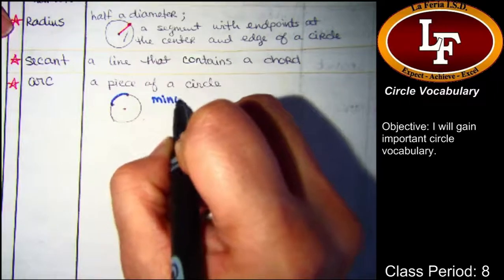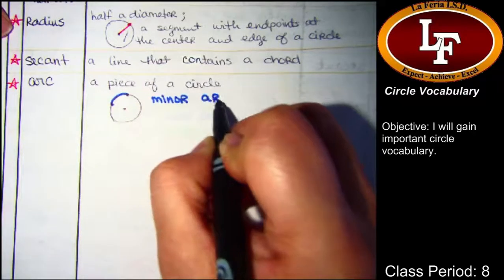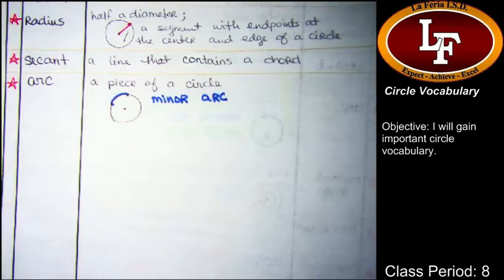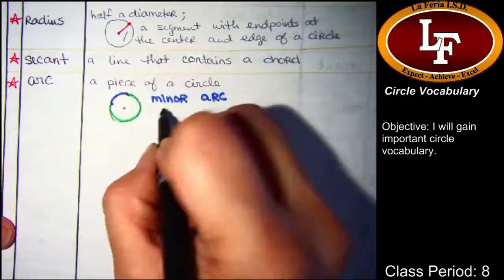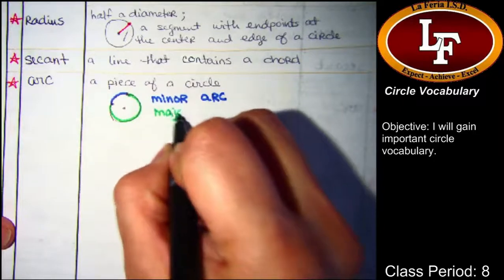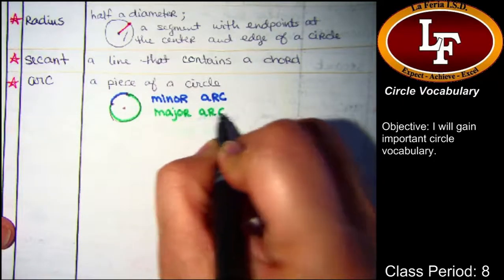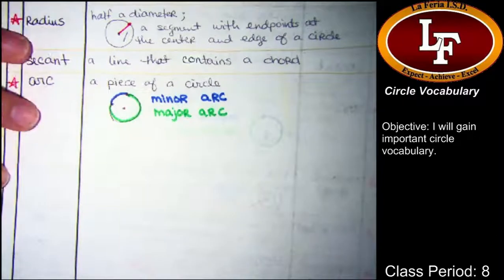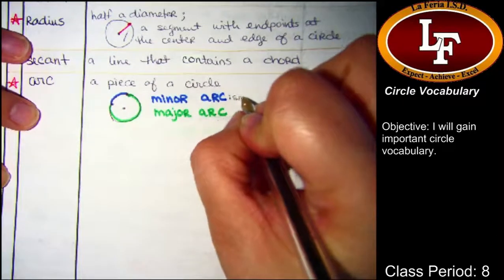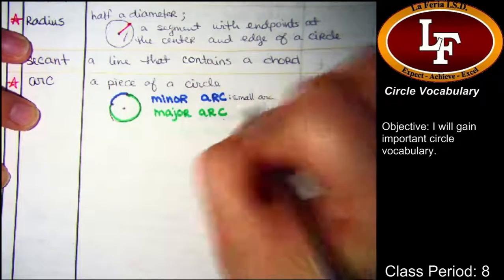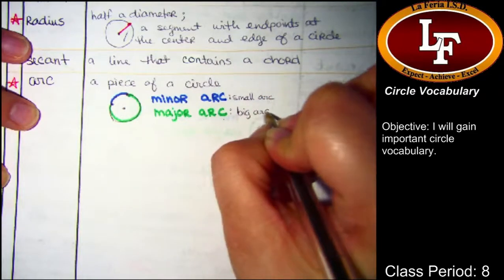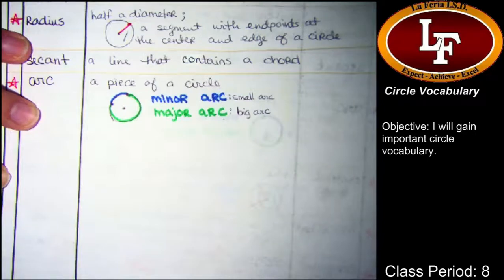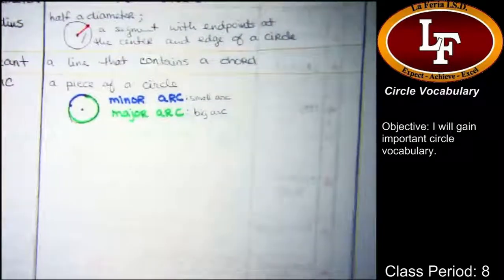You create the small one, which is called a minor arc, and you create the big one, which we're going to call the major arc. Okay? So the minor is the small one, and the major is the big one.